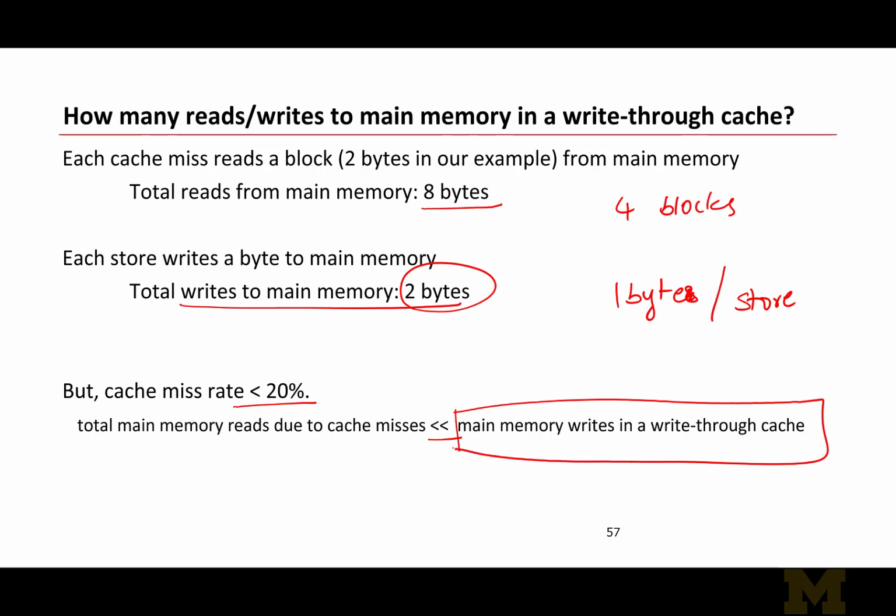So in a practical system, the total writes to main memory in the case of a write-through cache would be enormous. So the write-through cache would consume a lot of bandwidth. But the advantage that you have with the write-through cache is that the cache and the memory stay consistent all the time, and that has some benefits, especially when you have multi-processor systems, which is not something that we're going to talk about in this class.